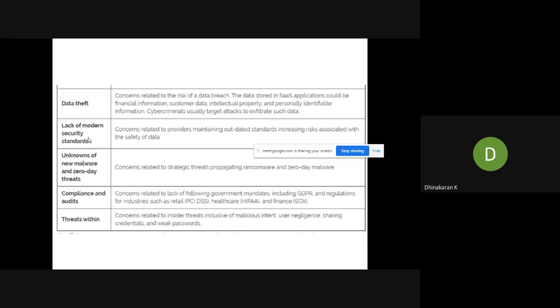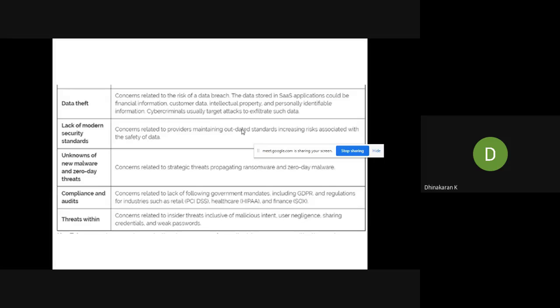Everybody is just holding their data in the cloud, because of the ultimate objective and characteristics of the cloud: we can access our data anywhere, and also share and work on our data from any location in a pervasive manner. Right? So there is the concern related to the risk of data breach. The data stored in a SaaS application could be financial information, customer data, or intellectual property. Intellectual property is very important nowadays.